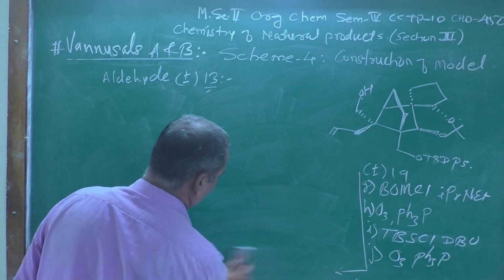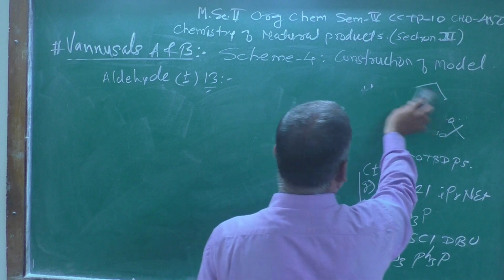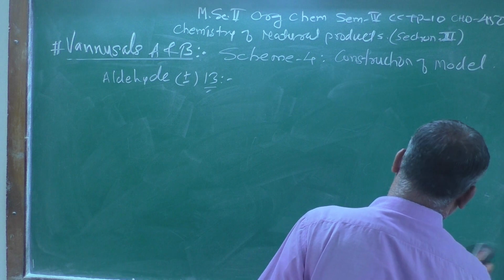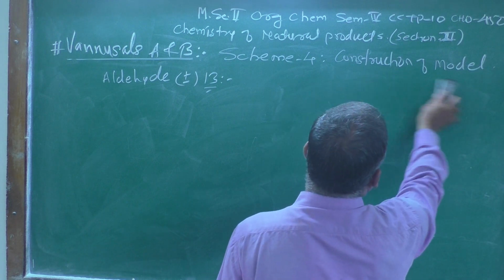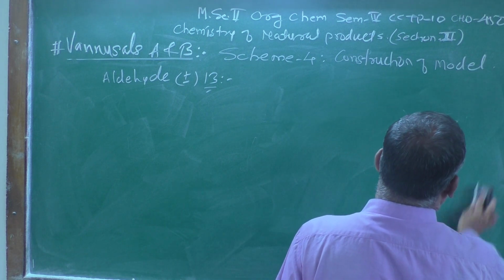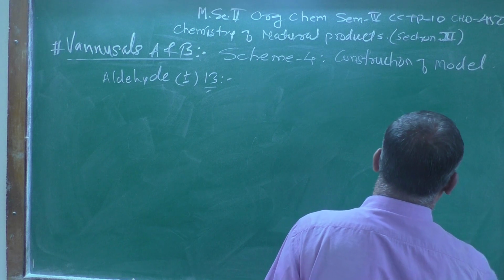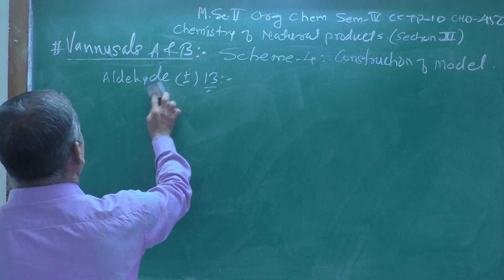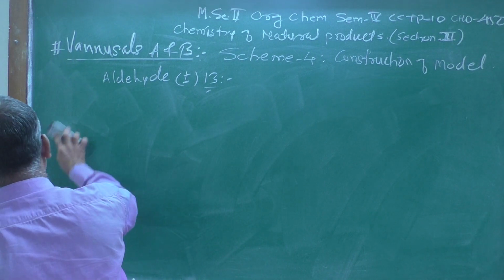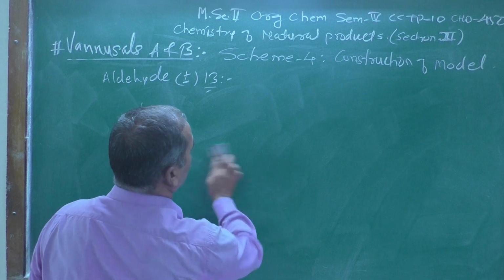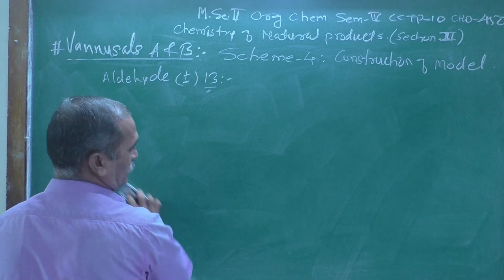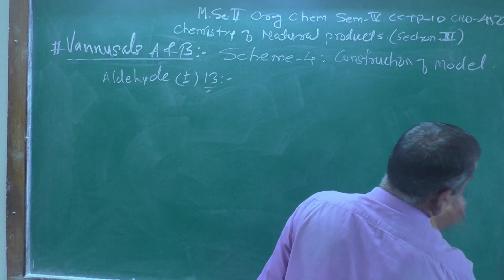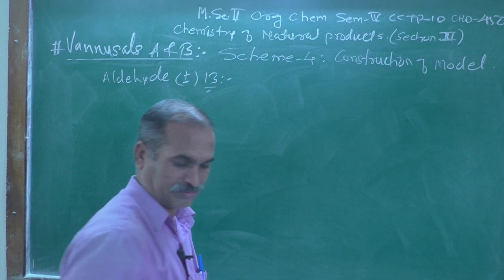So, today we are going to discuss the reagents and the conditions, how they were applied, and what percentage of yield of each product they got. All this we are going to discuss in today's discussion.